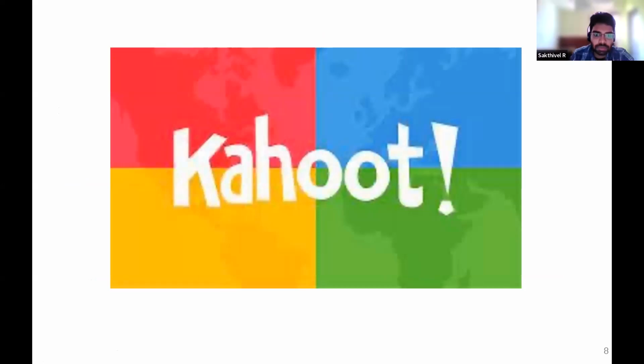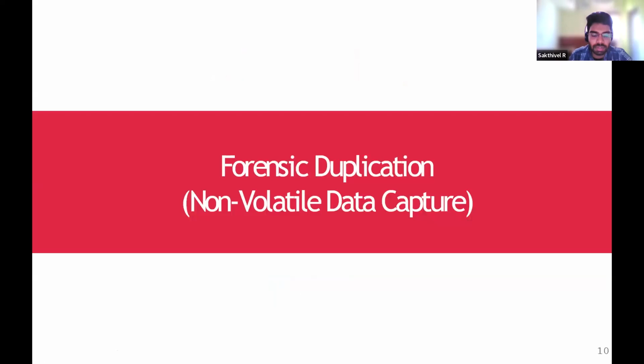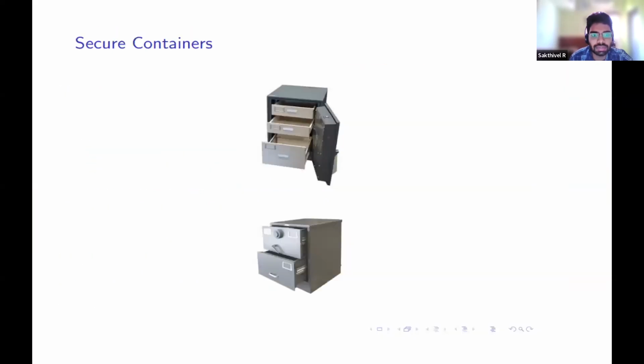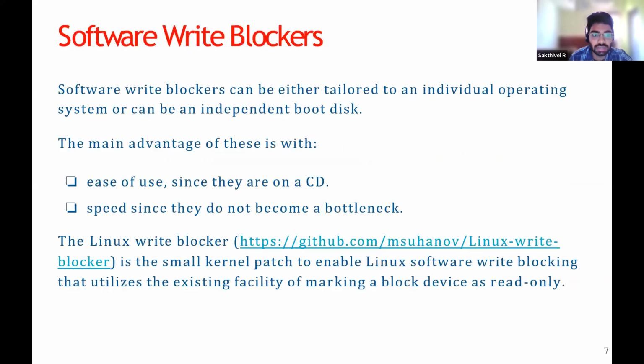The next thing is we need to go a bit deeper. We are going to see forensic duplication, which involves software forensic tools. Till now, I think we have covered most of the hardware that is used for a forensic investigation.